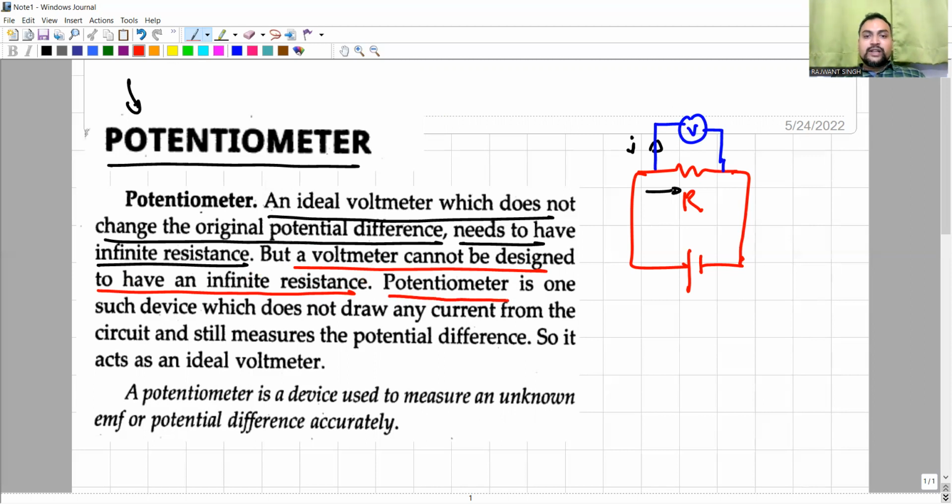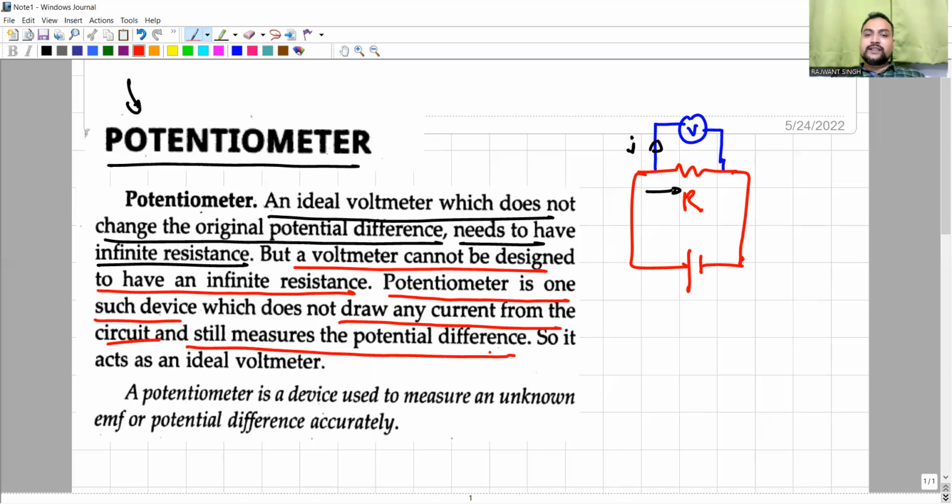So the potentiometer is one such device which does not draw any current from the circuit. That means potentiometer is a device which will not take any current. Voltmeter will take a current. Potentiometer will not take any current. So potentiometer does not draw any current from the circuit and still measures the potential difference.